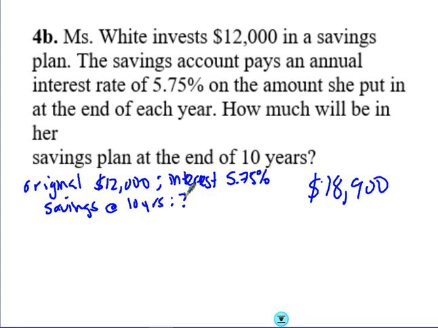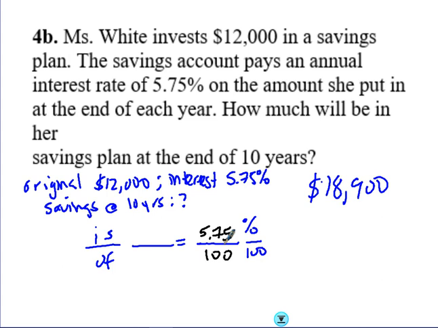Now, how do we solve the problem? The first thing we do is find out how much interest you would get for 1 year. So that's the same formula, is over of equals the percent over 100. We know automatically that the 100 will go here. We know that she's getting paid 5.75% per year, and the interest is being paid as a percentage of the $12,000. So $12,000 is the original, or the of.